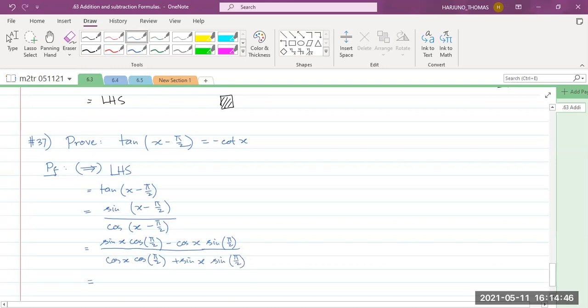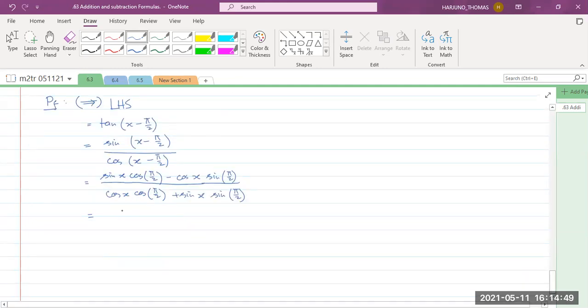On the top, cosine pi over 2 is 0, minus cosine x times sine pi over 2 which is 1, over 0 plus sine x. So this is negative cosine x over sine x. That's negative cotangent x, which is what we have on the right-hand side.